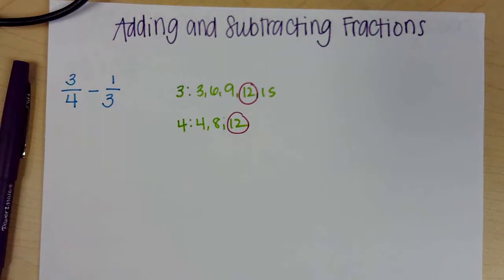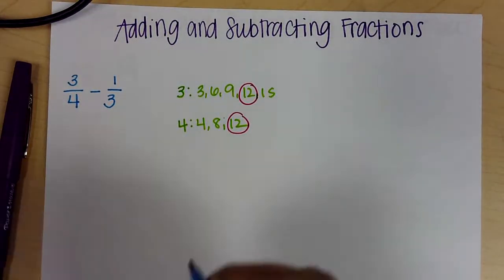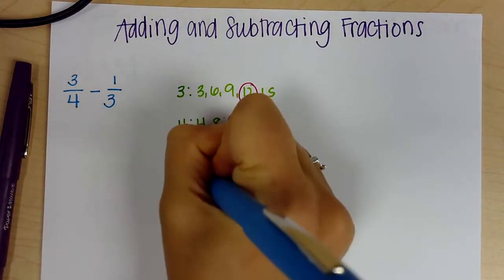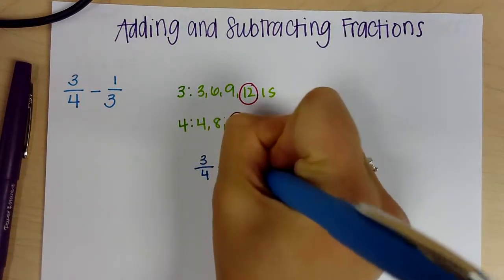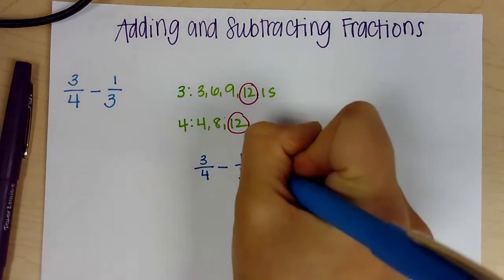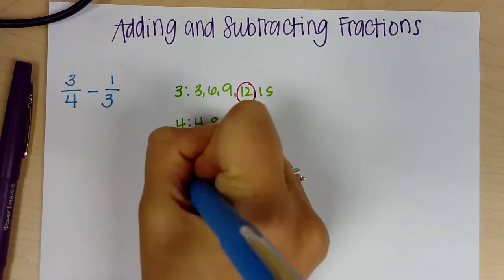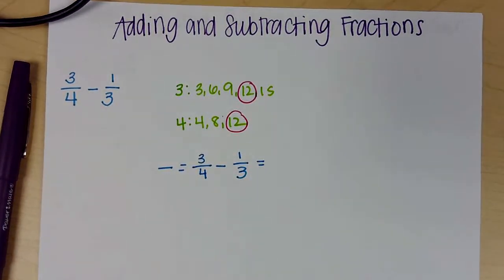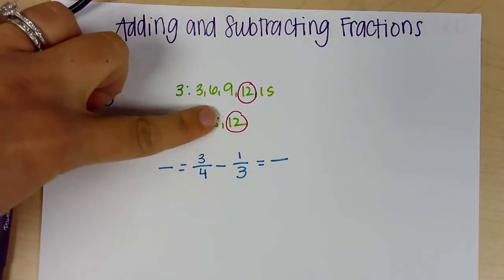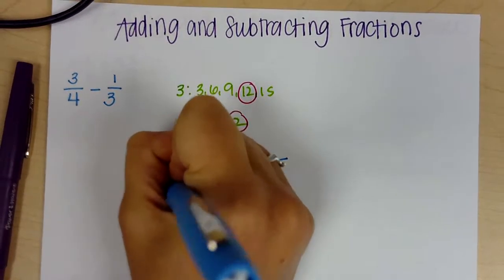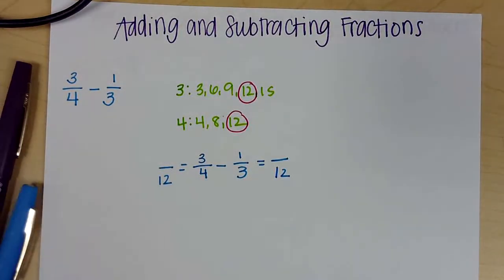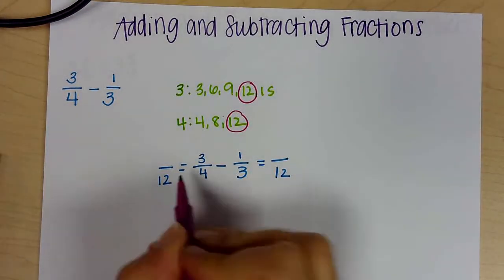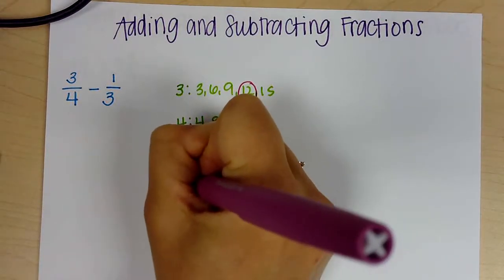From there, I'm going to rewrite my problem, 3/4 minus 1/3. But now I find those equivalent fractions. So I want my same denominator to be 12. Now, to get from 4 to 12, I multiply by 3.